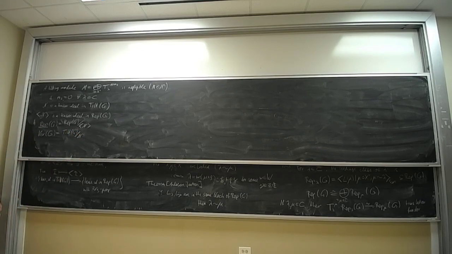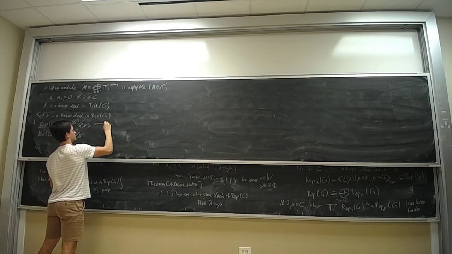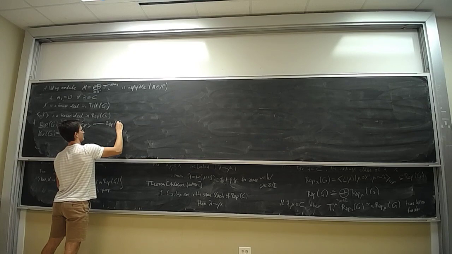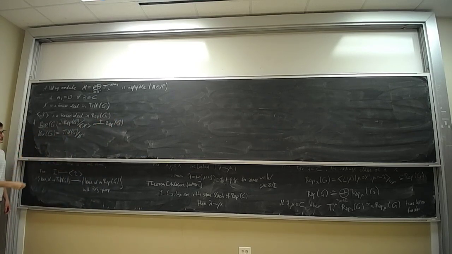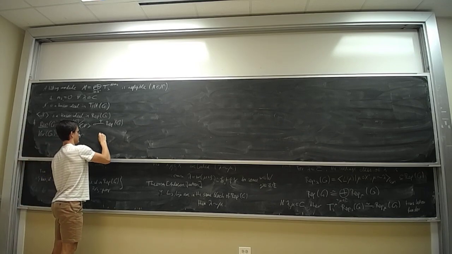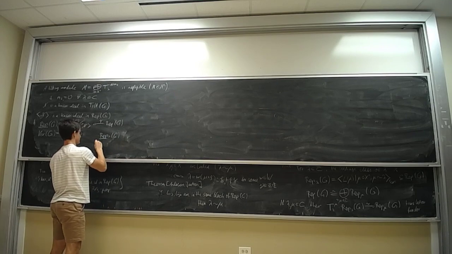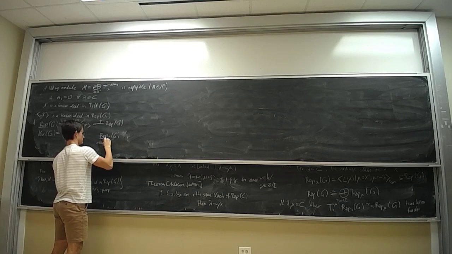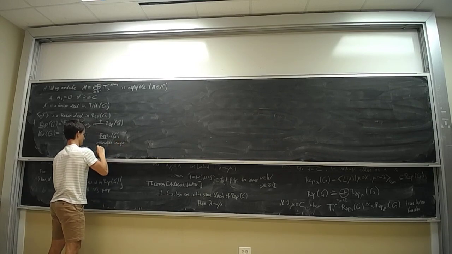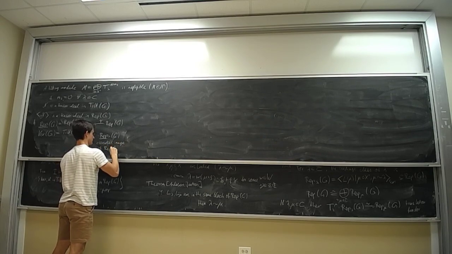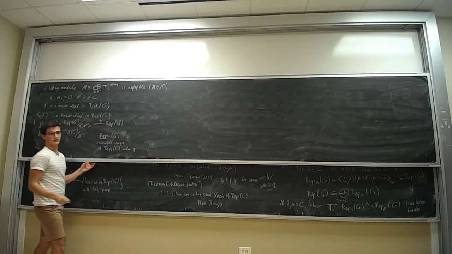These are two categories, and we have a canonical quotient functor from Rep(G) into underline Rep(G), and we're going to write underline Rep_0(G) for the essential image of Rep_0(G) under the quotient functor.